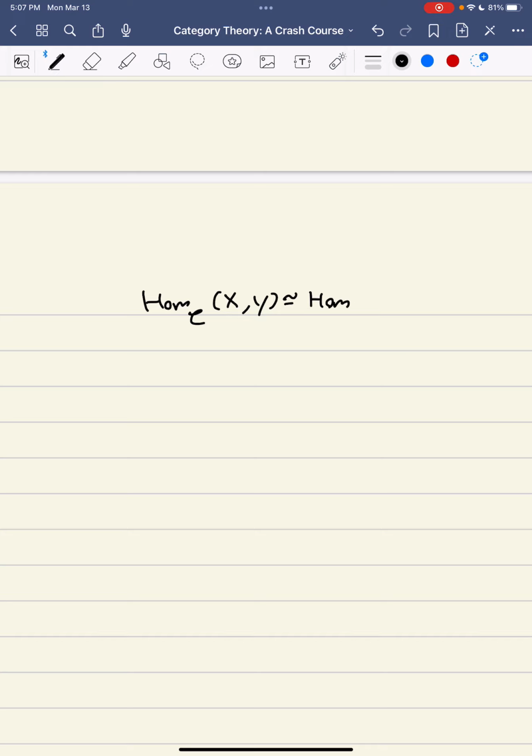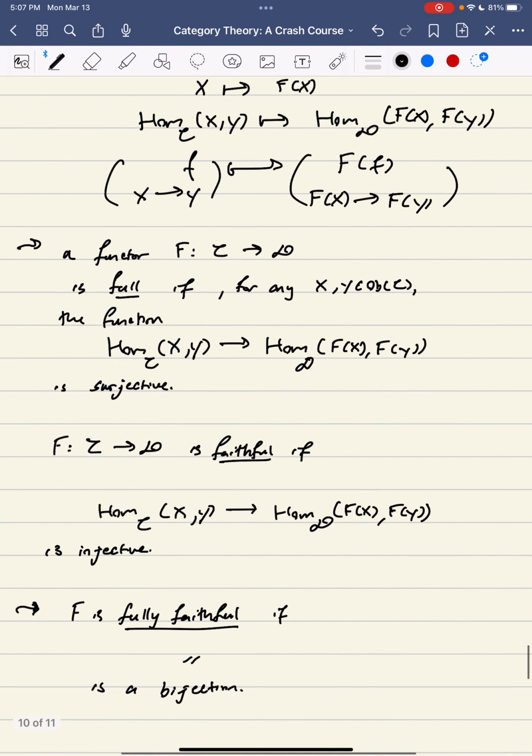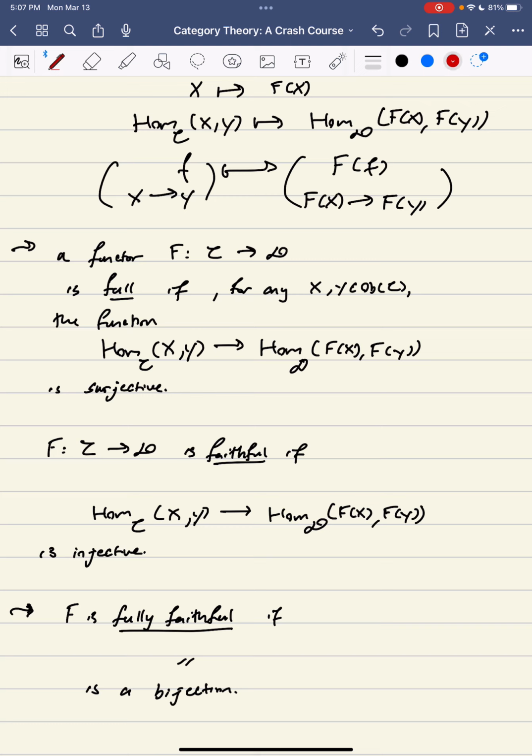Every morphism from X to Y is in bijection with some morphism from F of X to F of Y. The idea is that if you're associating some function over here, it's just sent to some function over here. It doesn't necessarily mean there's a unique way of representing these things.